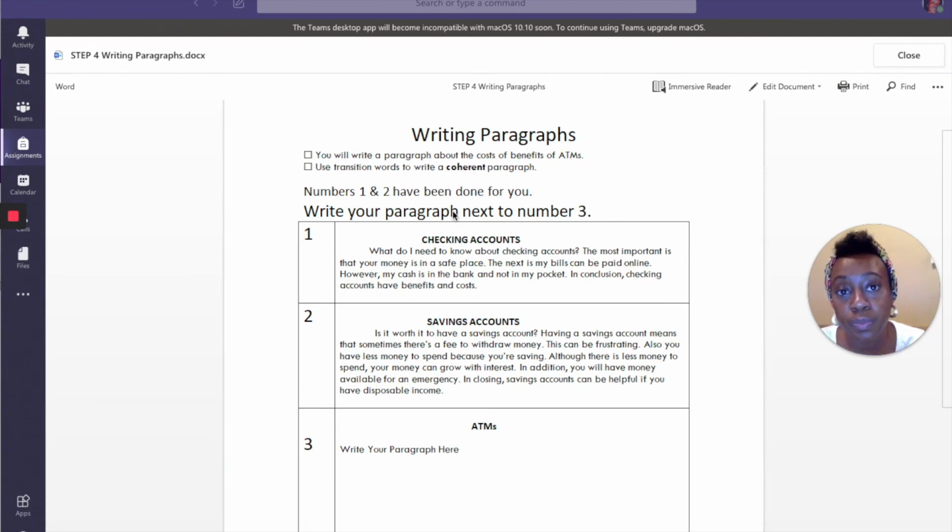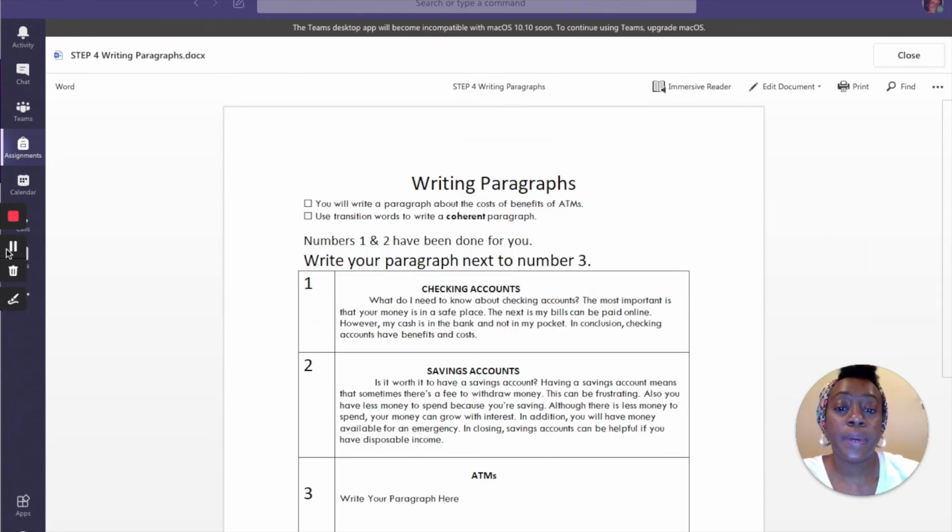Okay, so let's go over the instructions. You will write a paragraph about the costs and benefits of ATMs. Use transition words to write a coherent paragraph. Numbers 1 and 2 have been done for you. Write your paragraph next to number 3.